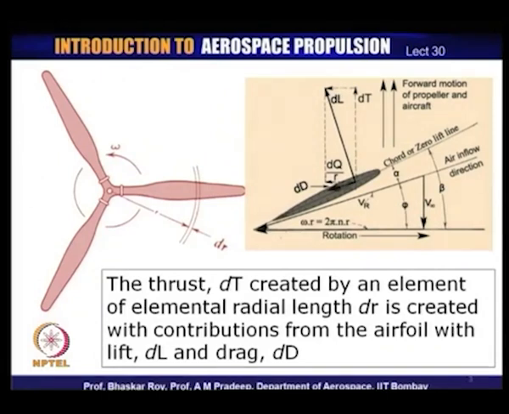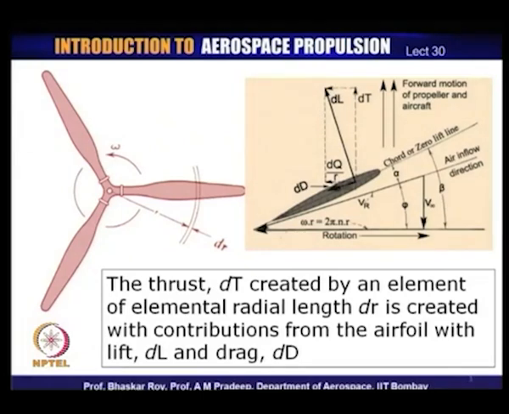Now, let us say that the blade has been aligned, the blade has been set, and the flow is coming into the propeller at an angle alpha to the blade section with a velocity V_r. Then it creates a small elemental lift of dL born out of the lift characteristic CL. So, this is the elemental lift that is created born out of CL.